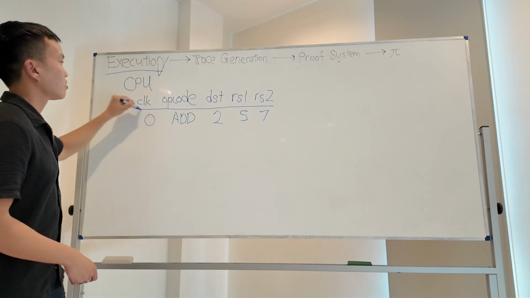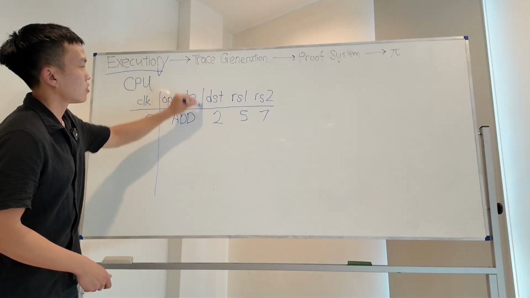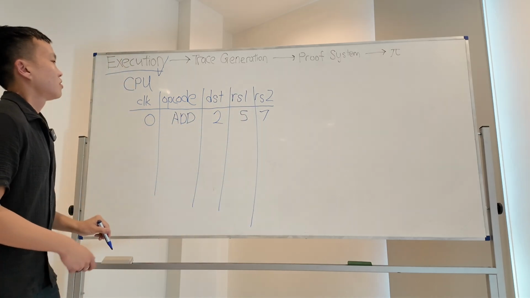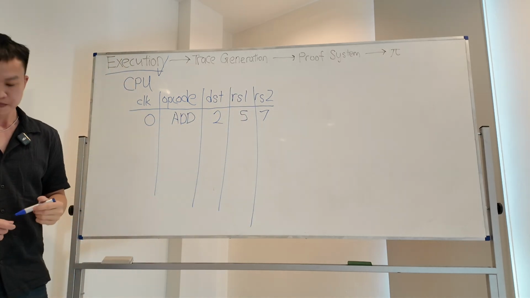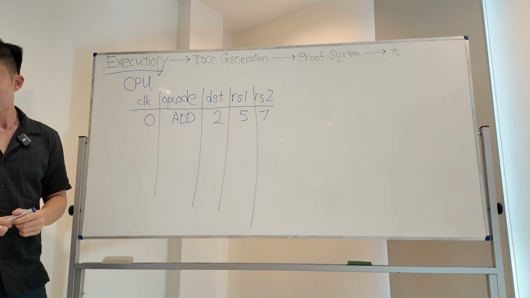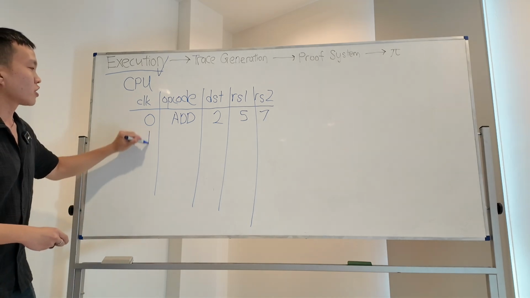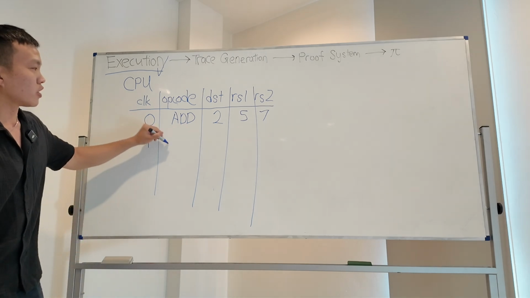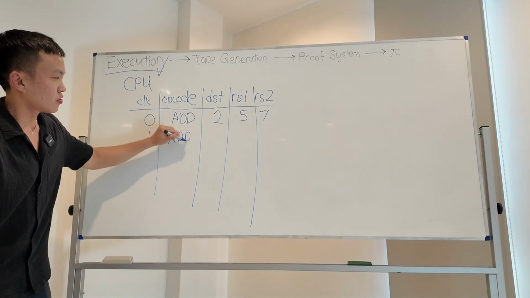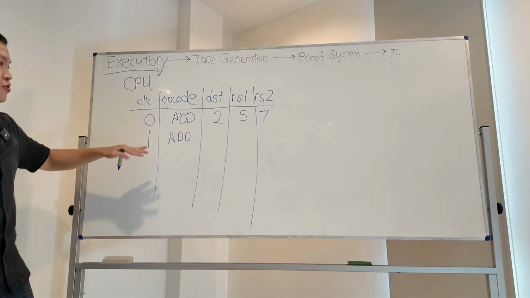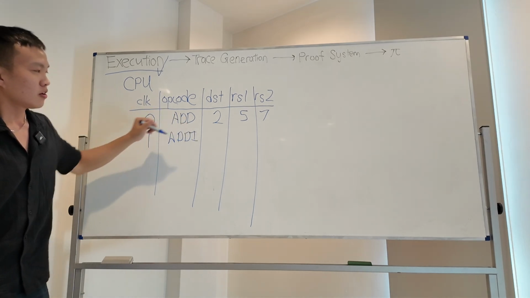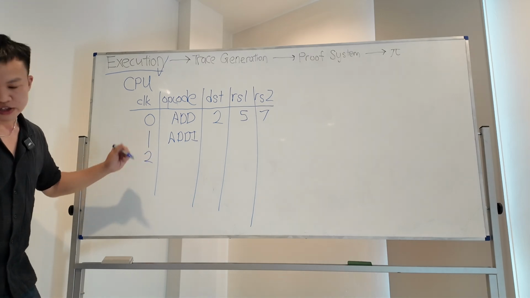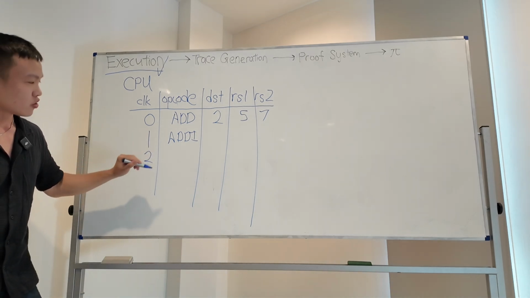So this would be one row of the CPU table. Then let's say we have a second instruction, say an ADDI. Don't worry about the opcodes, they're just different instructions in the RISC-V architecture. And then at clock 2, let's say we have a store byte.